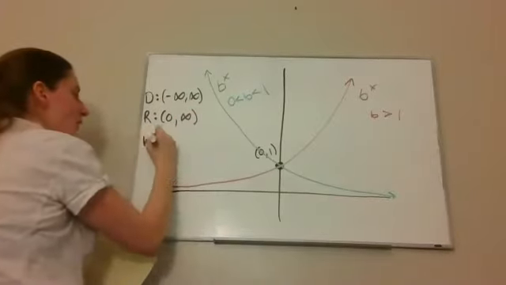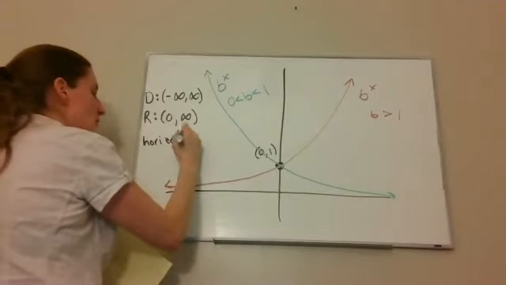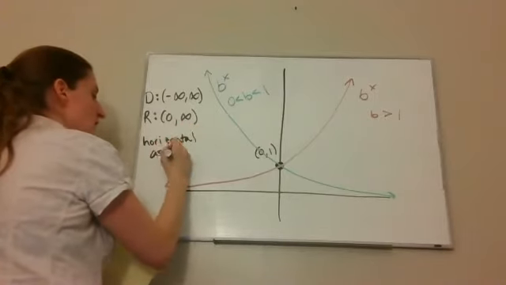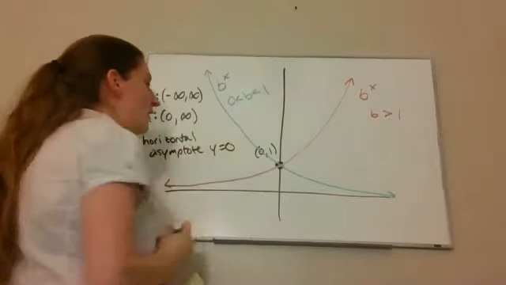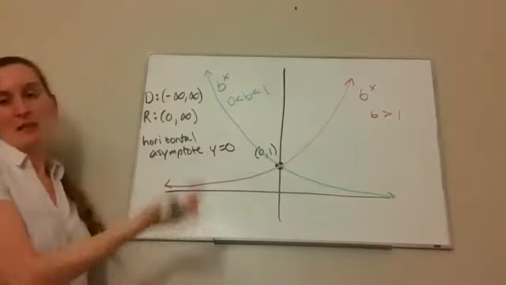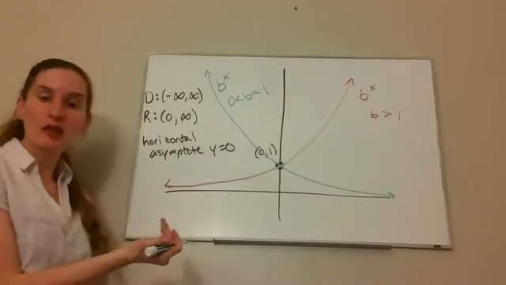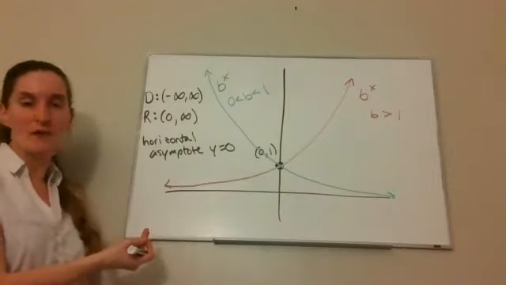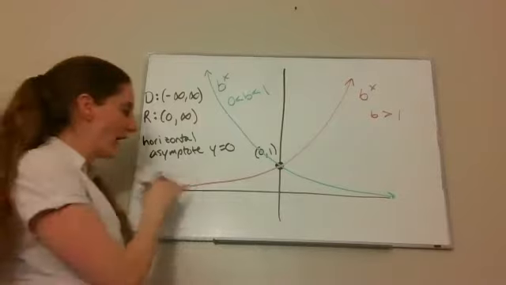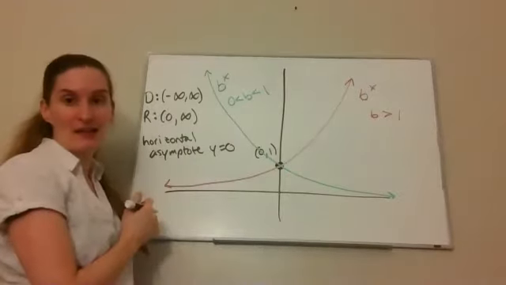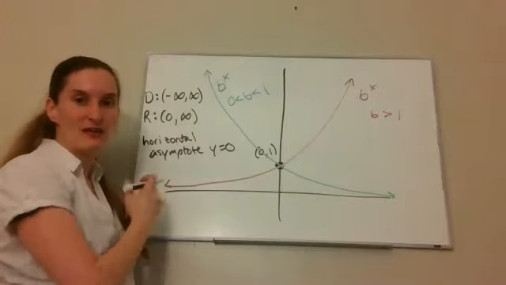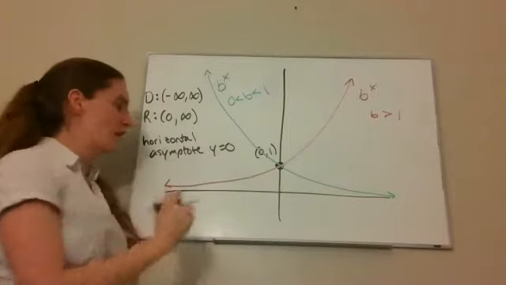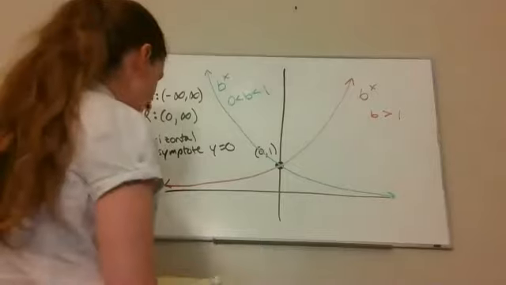We have a horizontal asymptote at y equals 0, and that just means, depending on which particular graph we're looking at, both of these graphs on one of their sides flatten out to our x-axis. That's the line y equals 0. It doesn't ever go past that, it just flattens out to it. So that's our horizontal asymptote.